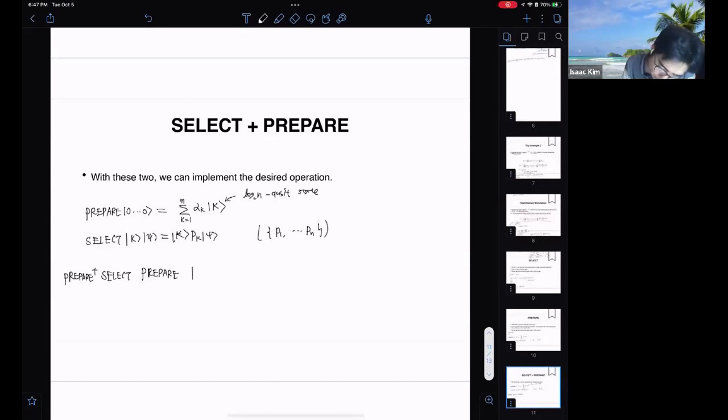What does it do? I would like to apply that to the all zero state on this register, which encodes information about the Pauli that you want to apply. And then, okay, let's just do some calculation.